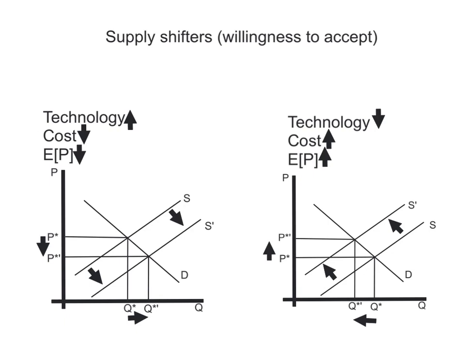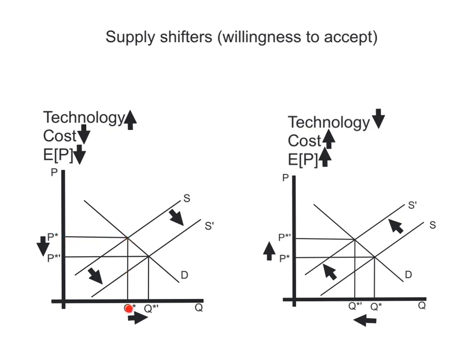So when we think about what shifts supply, what we're thinking about is what would increase producers' willingness to supply their good. And we can think about it just like we did with demand. If I pick a particular quantity, Q star, and I take this up to my original supply curve, I can see that my willingness to accept is P star.